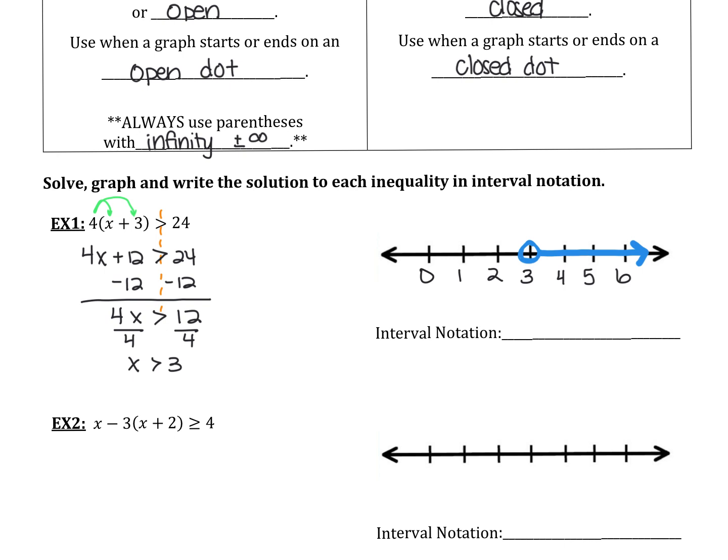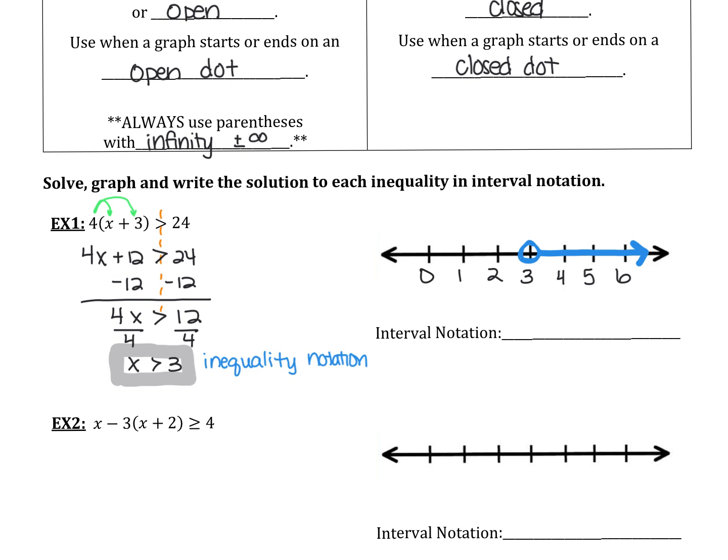What we have so far is this right here. This happens to be what we call our inequality notation. This is what we've done in the past. What I want to do now is look at how that relates to interval notation. Interval notation is going to start with our lowest number first and then our highest number.